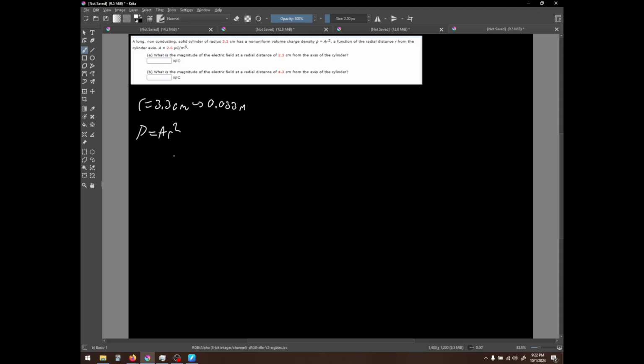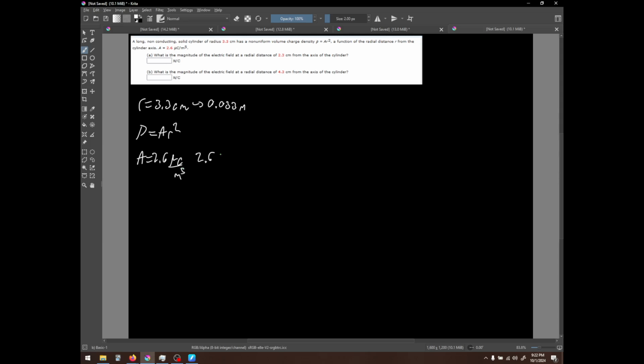A is a function. I'm going to draw better. A is 2.6 microcoulombs per meter to the fifth.